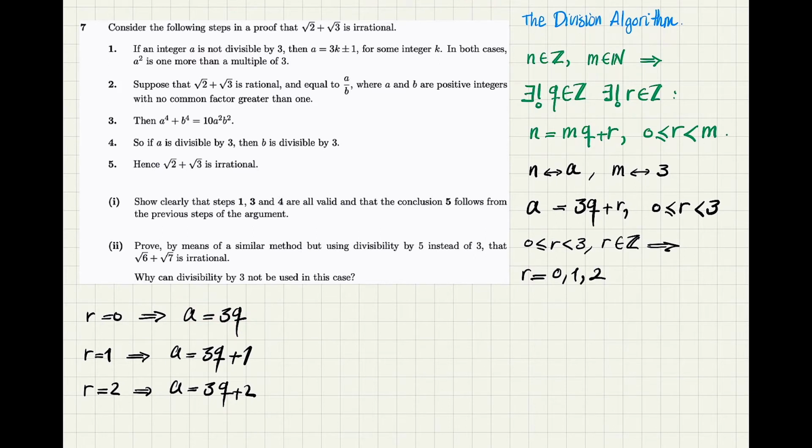So here this is not the case, since a is assumed not to be divisible by 3.